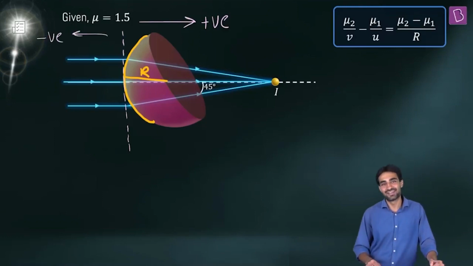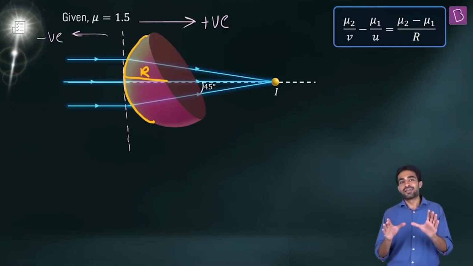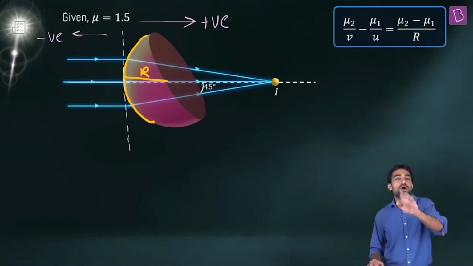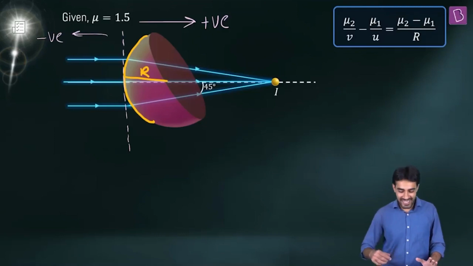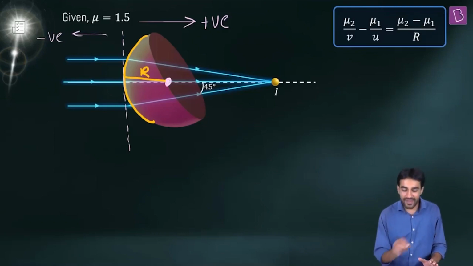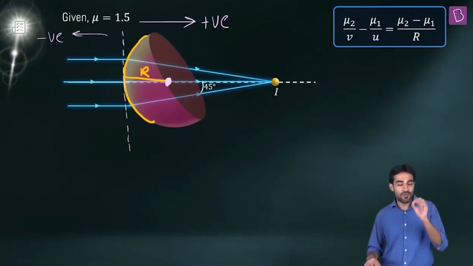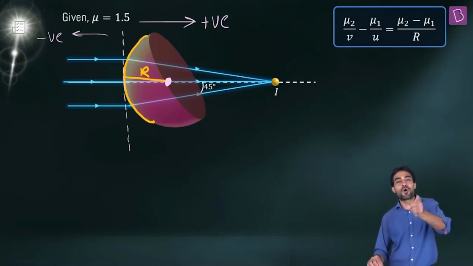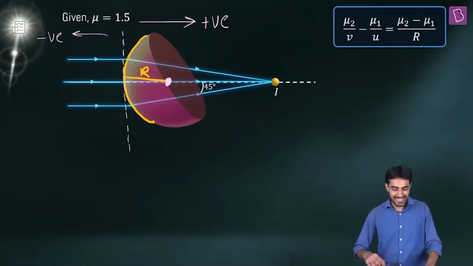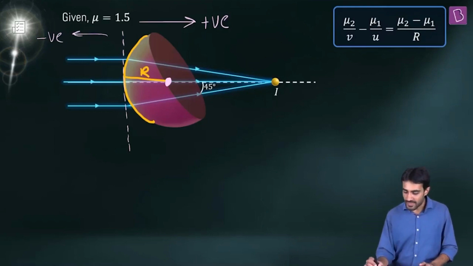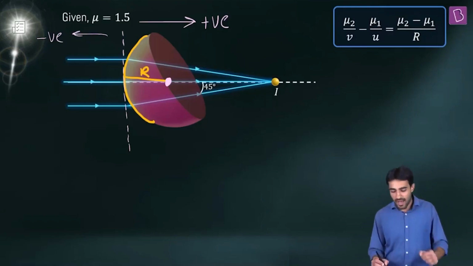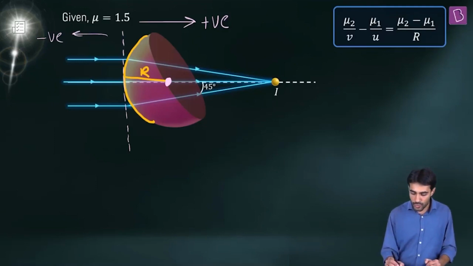Nice. Now, R. Is R positive or negative? You can say R is definitely positive. Center of curvature is lying on the positive side. So, instead of R, we will write plus R. Now, what is mu2?